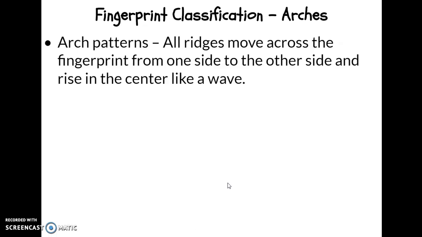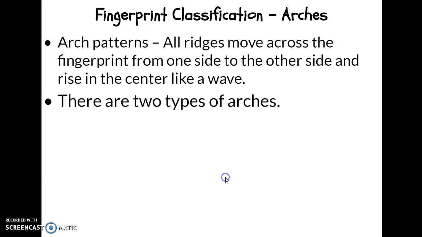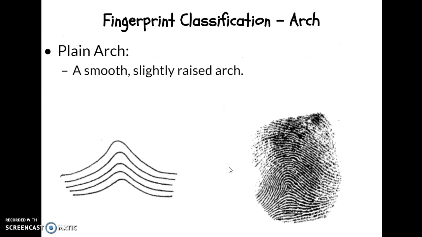Then you have arch patterns. This is your third type of classification. All ridges move across the fingerprint from one side to the other. There is no center, circle, or anything of that sort. There are two types of arches: the plain and the tented.